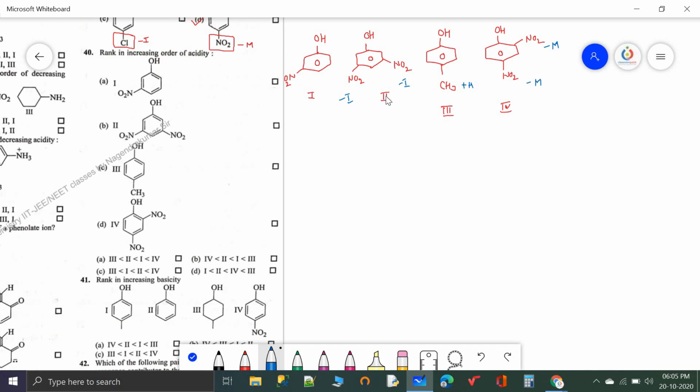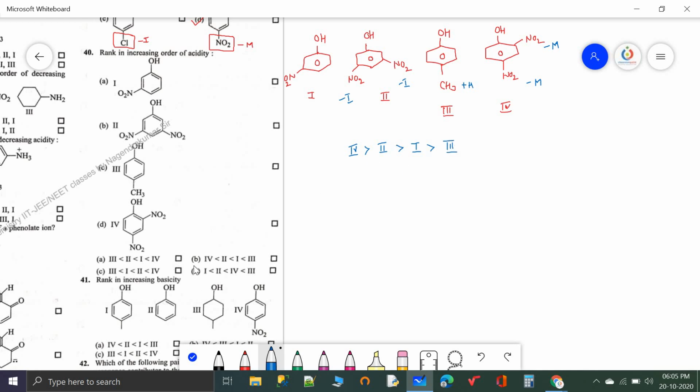Minus M effect is more than the minus I effect. So the fourth one is the strong acid, then the second one, and then the first one, where only one NO2 group is there, and then the third one, where an electron releasing group is there, so it is a weak acid.